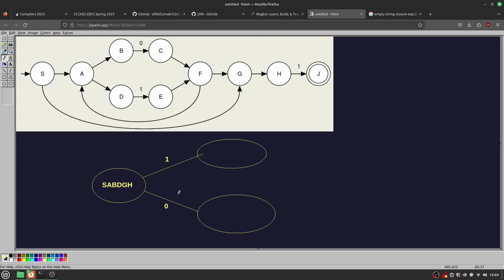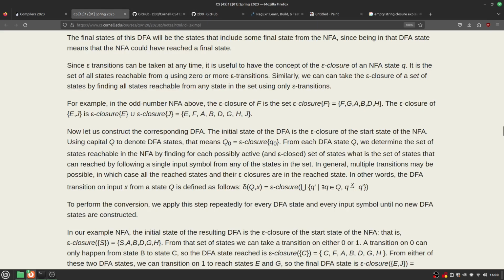From S, using 1, we can get to E, a single transition, a single input symbol.